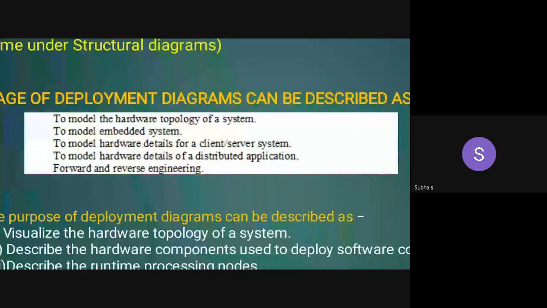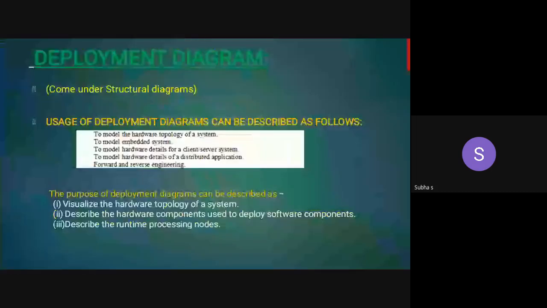I can say it is used to model embedded systems and to model all the details of a client-server system. Client-server: I want to send a document, I want to share a message. That is a client-server system. It is also used to model hardware details of distributed applications, and for forward or reverse engineering. Okay, that is the usage of deployment.